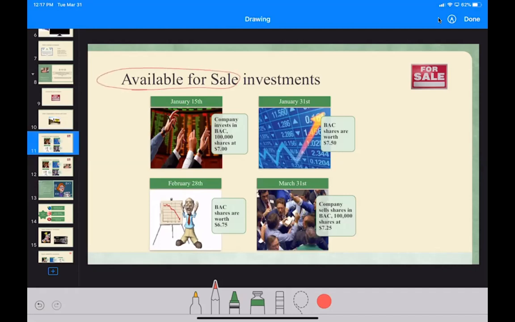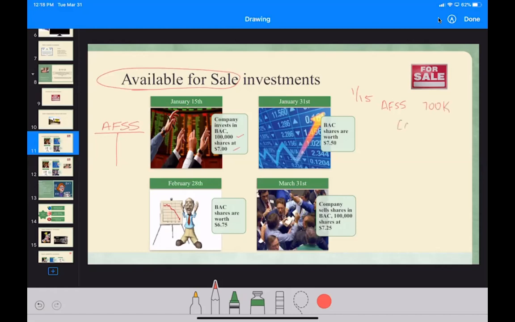So on January 15th, when we purchase it, we're going to record a debit to AFSS. I'm just abbreviating. This is our asset for our available for sale security. And if we bought 100,000 shares at $7, that would be $700,000.